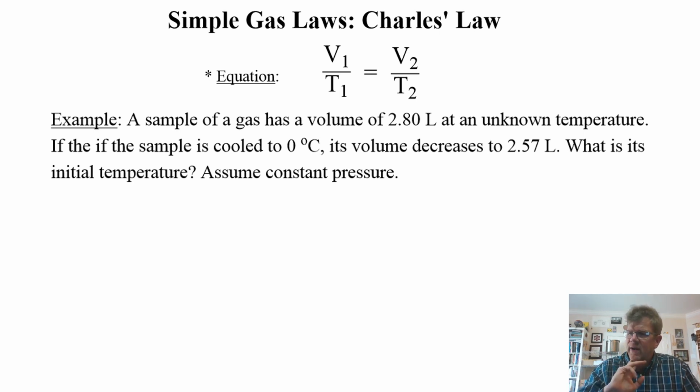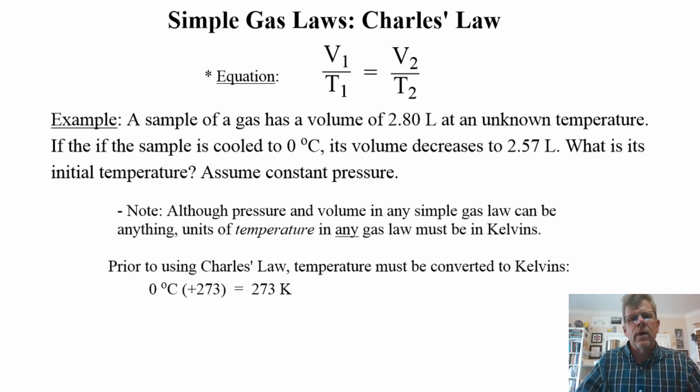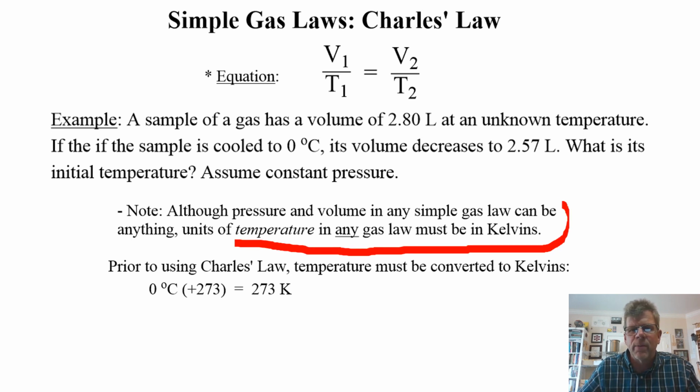So here's a salient feature with respect to temperatures. In any gas law, and we're going to be looking at at least 4 of them in this lecture and when we go into the next lecture, when we have temperature, that temperature must always be in kelvins. If it is not in kelvins in the problem, we have to convert it to kelvins. Always, any gas law, the temperature must be in kelvins.